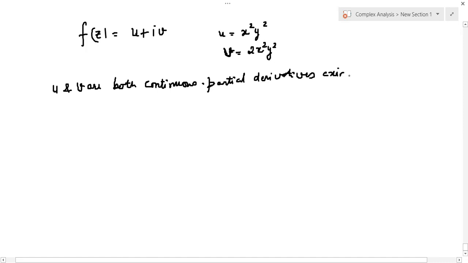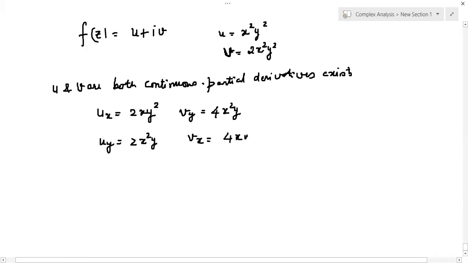So ux is equal to what? ux is equal to simply 2xy squared. And vy is equal to what? Sorry, it is 4x squared y. What is uy? uy is simply 2x squared y. And what is vx? vx is 4xy squared.